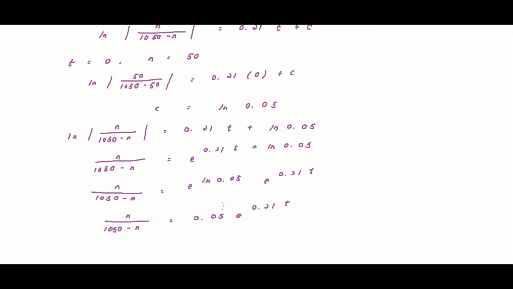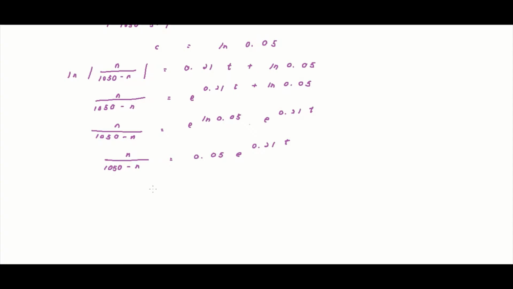Okay, then you remember you want to express it in terms of n, so you need to move the whole thing to the back, right? So you have n equal to 52.5 e to the 0.21t minus 0.05 n e to the 0.21t.